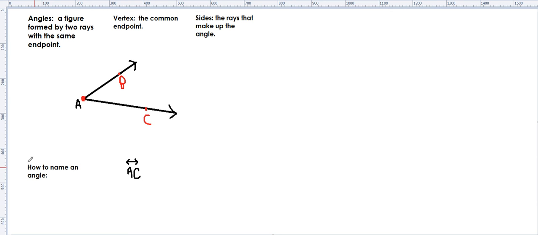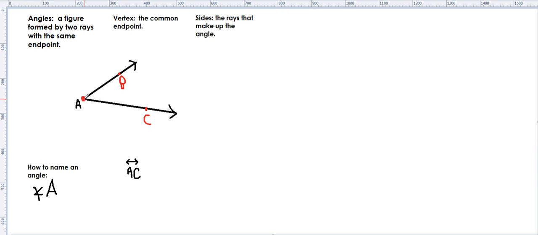If there's only one angle happening, so we only have one endpoint, one vertex, and only two rays shooting out, then we can simply call this angle A. And a lot of times, for me, you can either make this kind of slanted L, which is a representation of an angle. Sometimes people might put an arc in there, just so it doesn't look like an L in their writing. That's the way I do it, so feel free to do it that way.